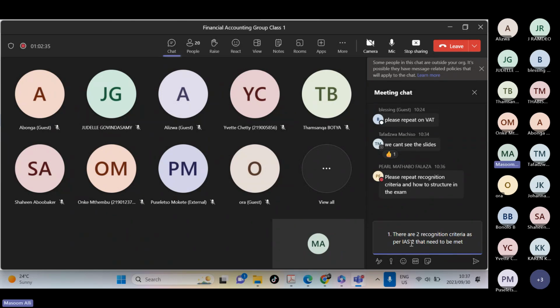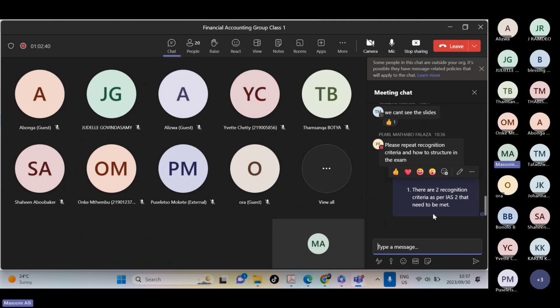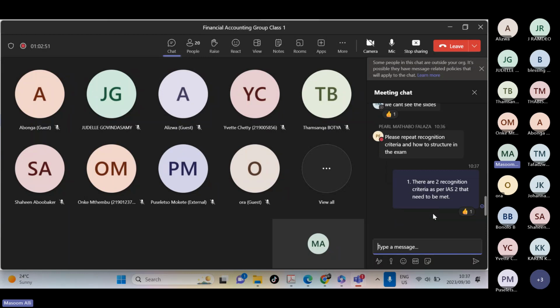Okay, so that's the first statement that you make, right? Sometimes, because in some memorandums I've actually seen that this gets awarded a mark, sometimes half a mark. So I'm not saying that this is going to be the case, but I would suggest that you guys type it down anyway, because it gives structure to your answer. It shows the marker that, okay, there are 2 recognition criteria. Number 1, I've identified that there's 2 as per IAS 2.